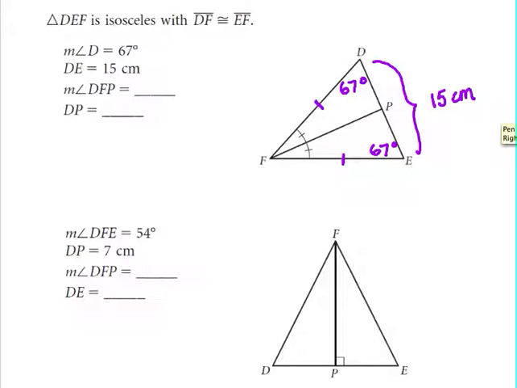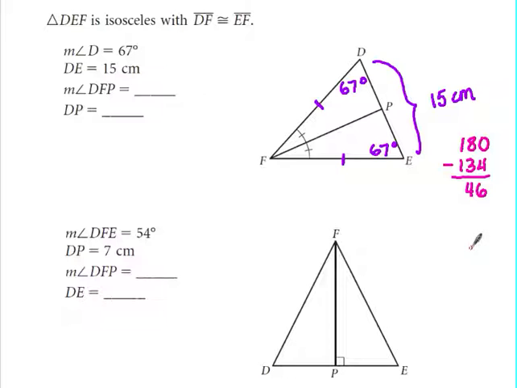Well, 67 plus 67, and subtract that from 180, and then divide that in half. Okay, I could do that. So you could do 67 and 67, which is what? 134. So if I take 180 minus 134, what do you get? 46.